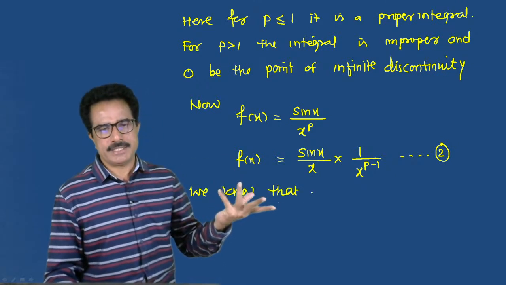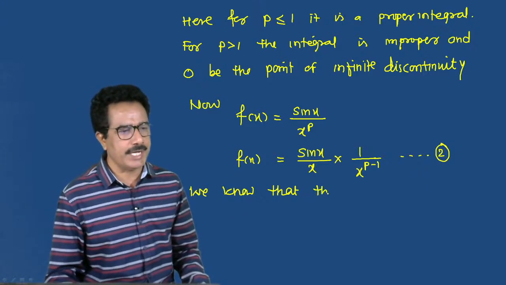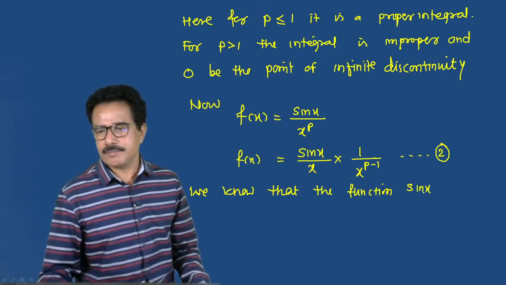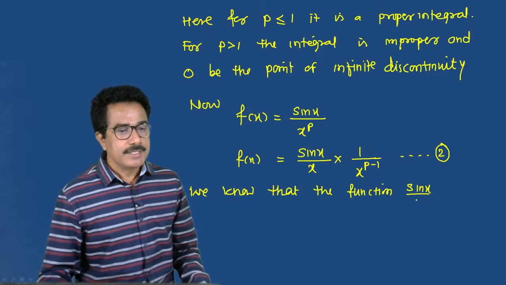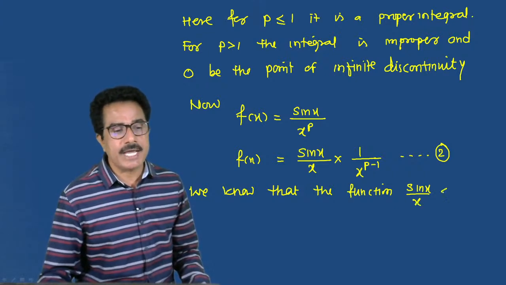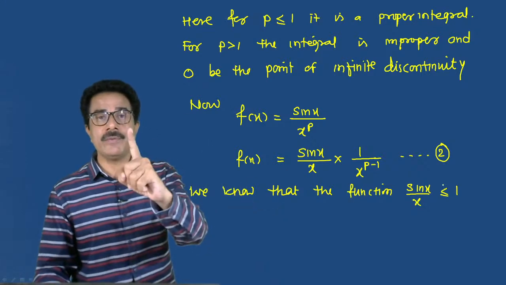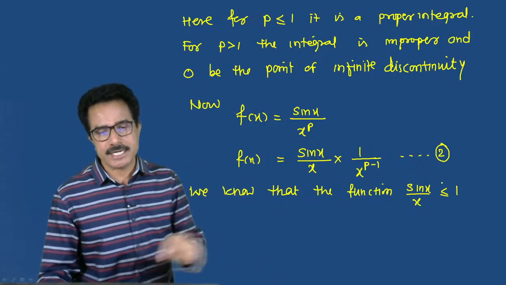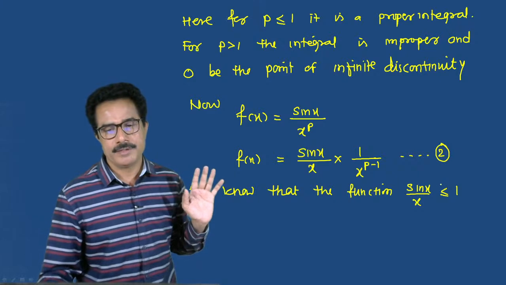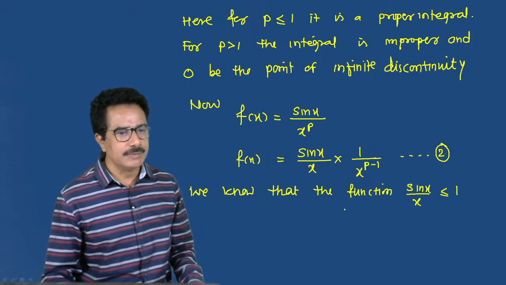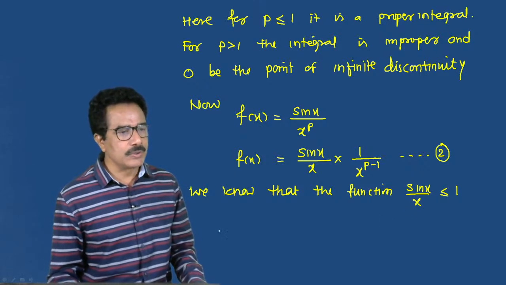Note that we will use the comparison test. We know that the function sin x divided by x is always less than or equal to 1. The limit of it has value 1, but otherwise it is less than or equal to 1.